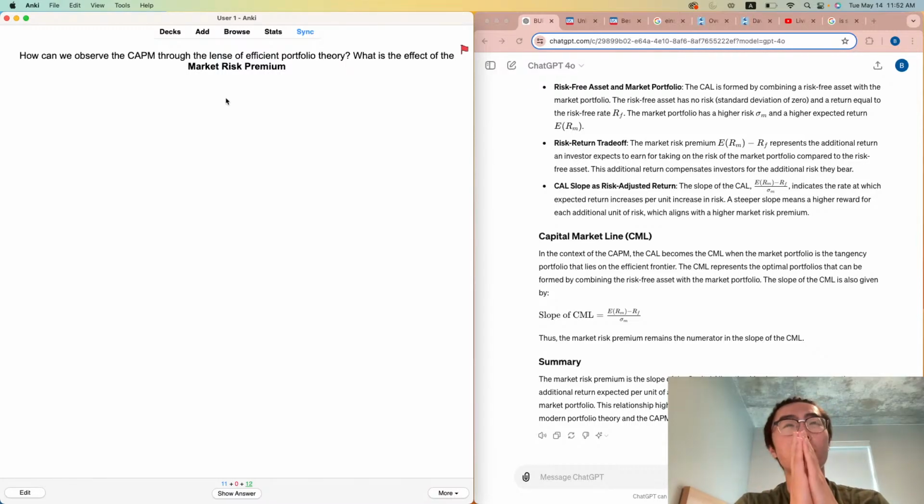I think this should have the standard deviation of the market itself, and that represents if you were to have all of your assets invested in a single market portfolio. The market risk premium in this case is the slope of that capital allocation line, which is defined by the Sharpe ratio. You're scaling the standard deviation, so the risk of your portfolio, by the Sharpe ratio, and that gives you the returns, and then you just add the risk-free rate.